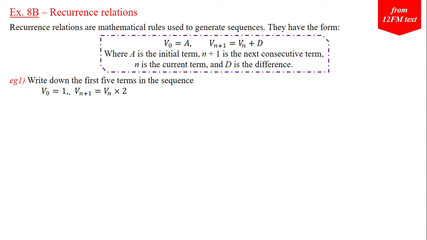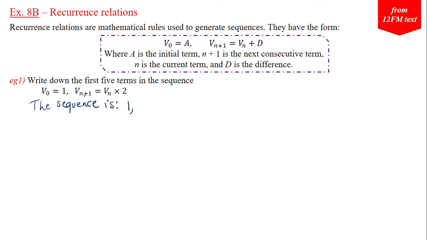V0 equals 1. Vn plus 1 equals Vn times 2. I'm going to write "the sequence is", though you could jump straight into writing it. The initial value here is 1, so we're going to start with 1.